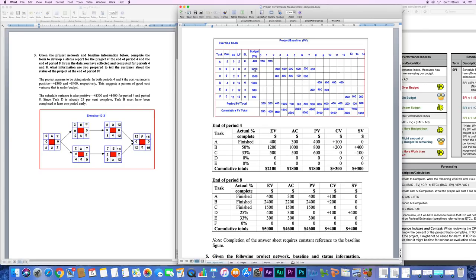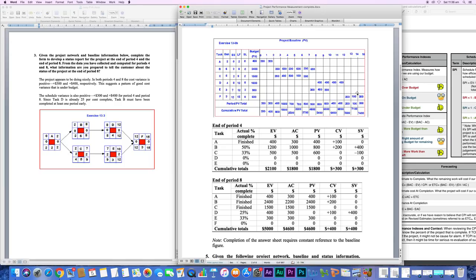Then we have a total budget of 2,400 for activity B, and the duration is 6, so the cost is spread over 6 periods like this. That's given to you. The total budget or planned value for activity C is 1,500. Duration is 5 weeks, and this is the spread of the cost or value of this activity over five periods. And for activities D, E, F, it's all given to you.